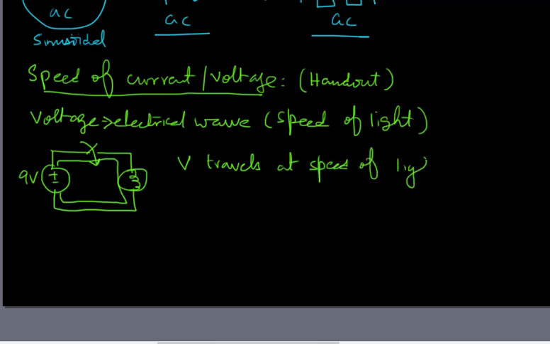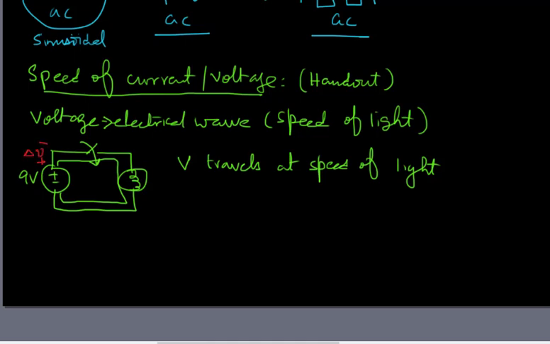Now, what happens is that this voltage is spread all across the conductor and all across this bulb. So what you should consider is that the voltage is going to be divided in small chunks.